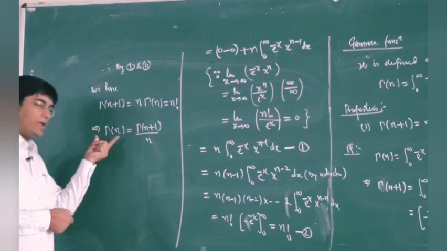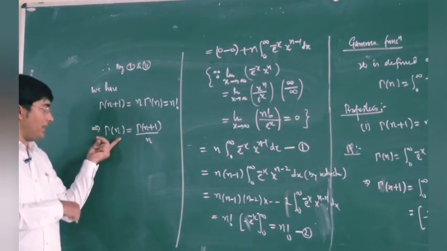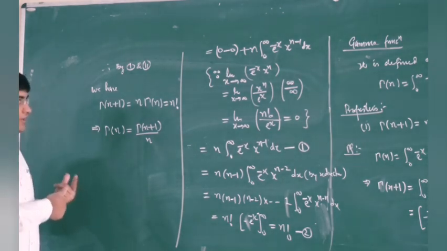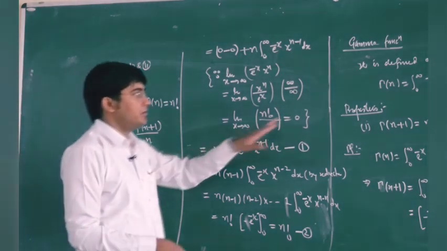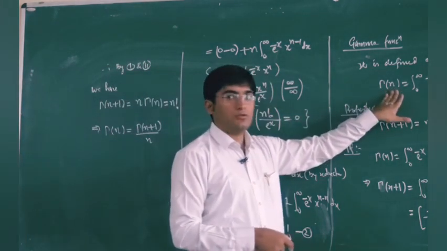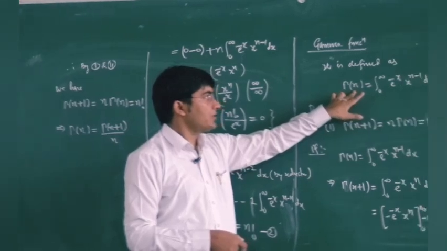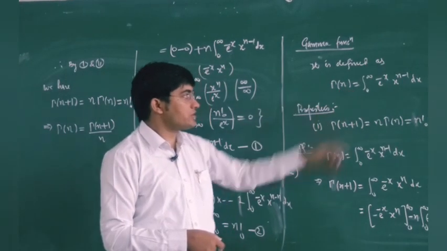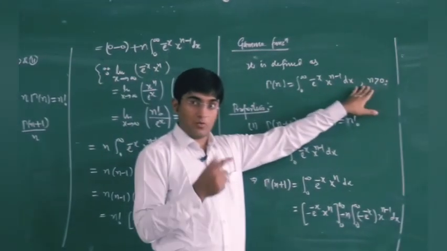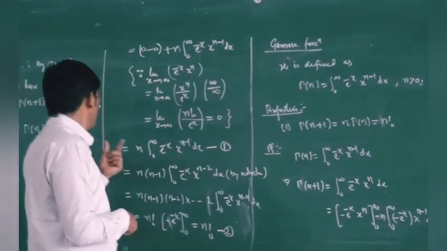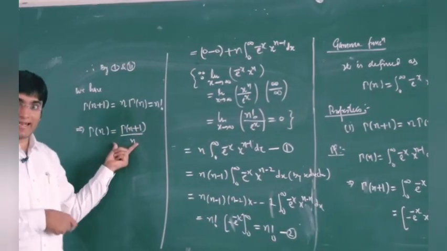Now we can define gamma n for those values of n for which this equation was not defined. Please note that this equation was defined for n greater than 0. Now we can define this equation for n less than 0.